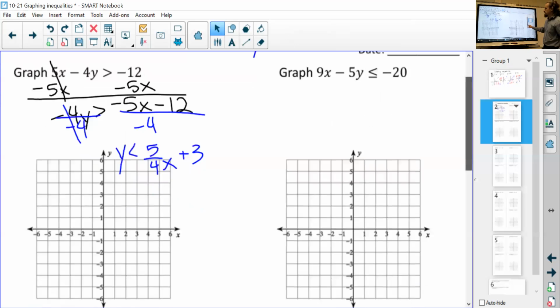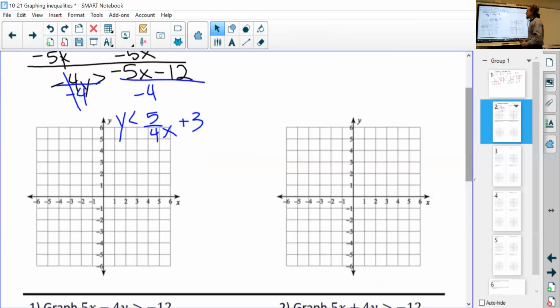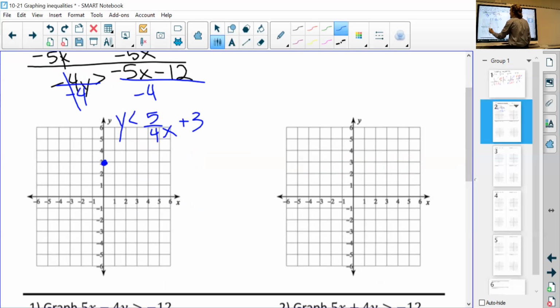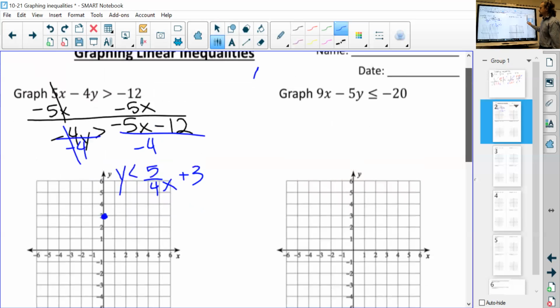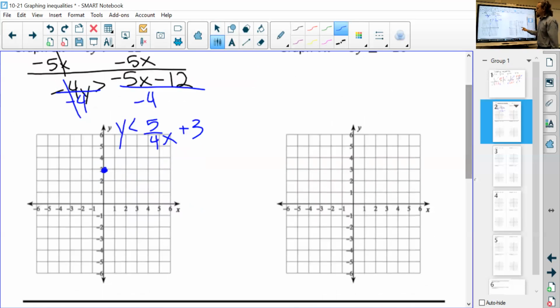Okay, so now we want to plot this. So we start off at positive 3. And then we can just count from there. So since it's positive 5, we'd go up 5 and to the right 4. But since that's not going to fit, I can go the opposite way.